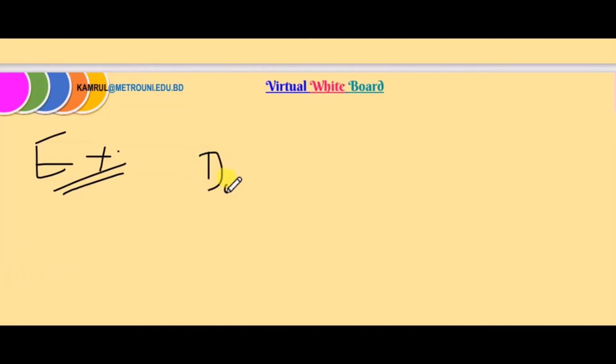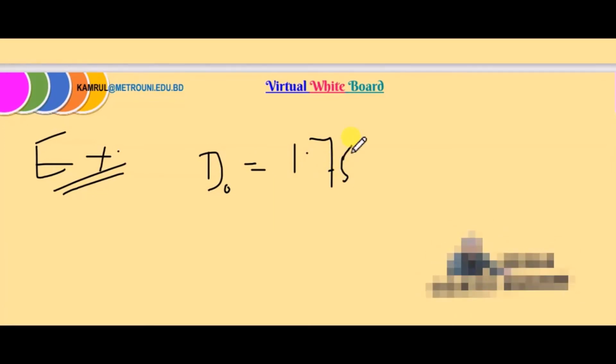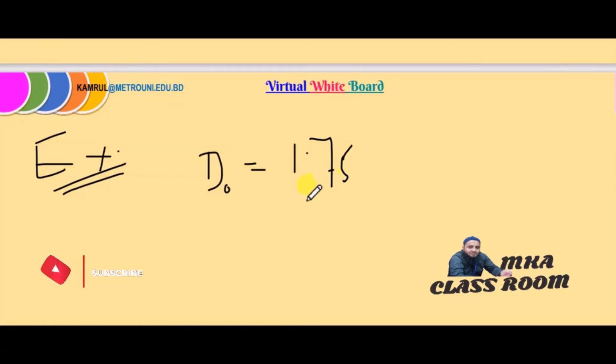Current dividend, that means D naught, is 1.75. It is expected to pay a dividend of 2 per share during the next year.